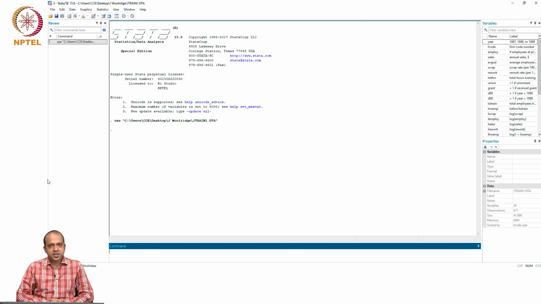So, welcome once again to our discussion on panel data econometrics. Yesterday, we were learning how to estimate a fixed effect model and how to interpret the coefficients, and what the different interpretations of the three R square measures are after estimating a fixed effect model.